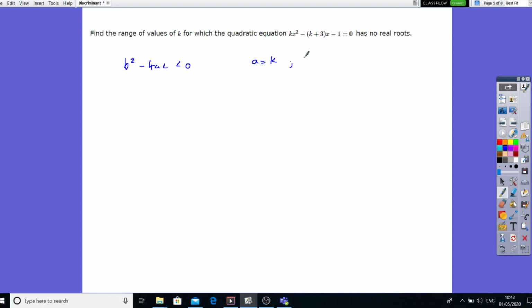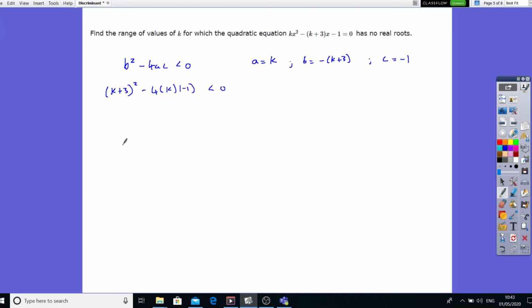Coefficient of x is b, which is going to be minus k plus 3, and the constant here is c equals minus 1. So if we sub these in, when we square it, the minus will disappear, so we get k plus 3 all squared minus 4, a is k, and c is minus 1. That's going to be less than 0.